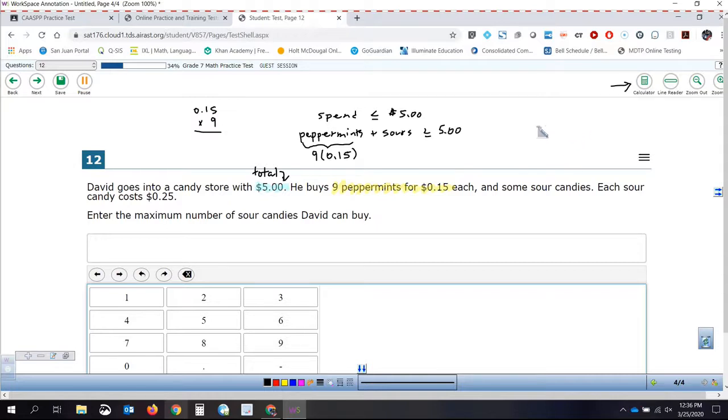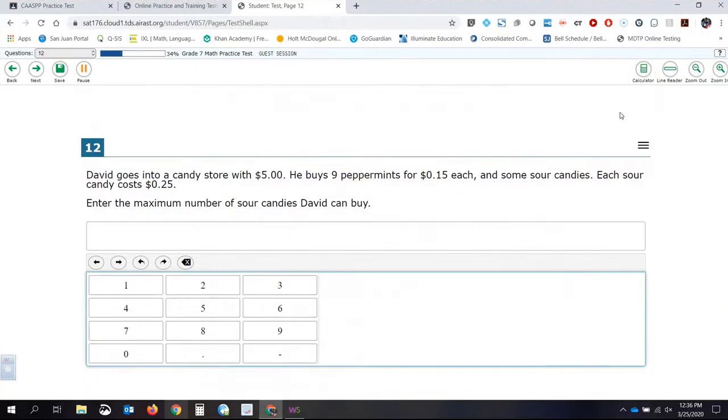A calculator. Now, you shouldn't have to use a calculator, but I just wanted to point out to you, when you are taking this test, when you see that calculator there, you can use it. So I probably would do this without a calculator, but since we are preparing for the actual test, let's go ahead and use that calculator.